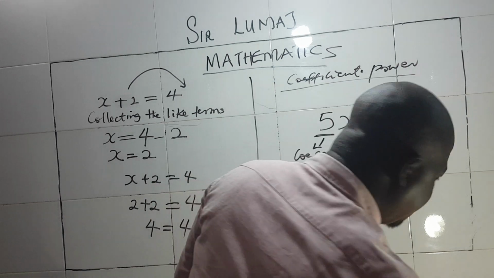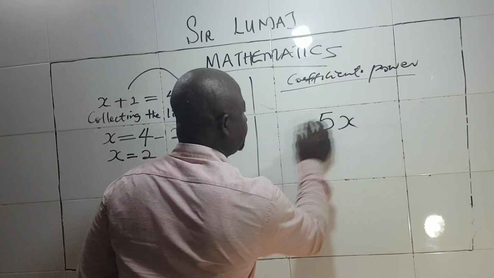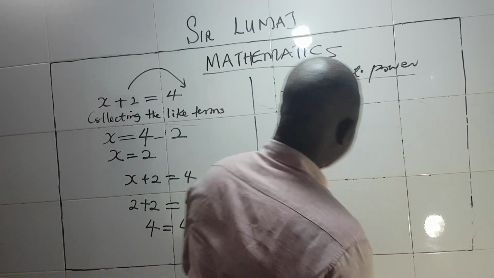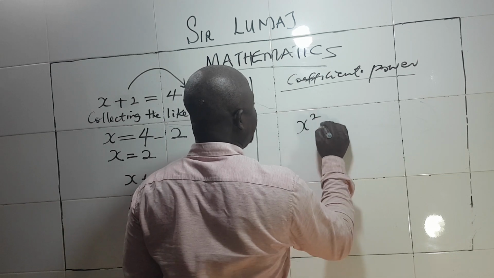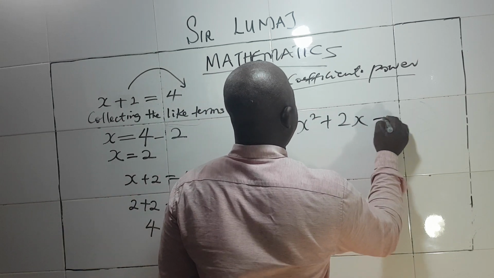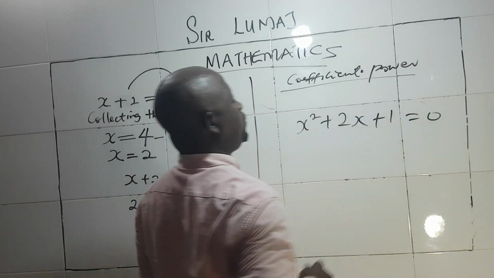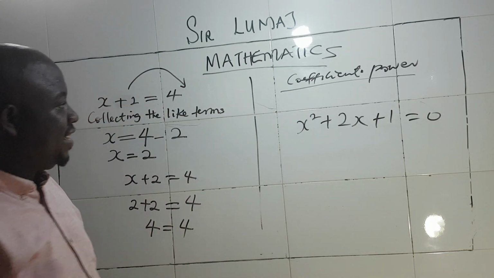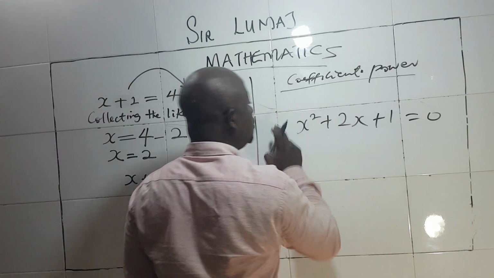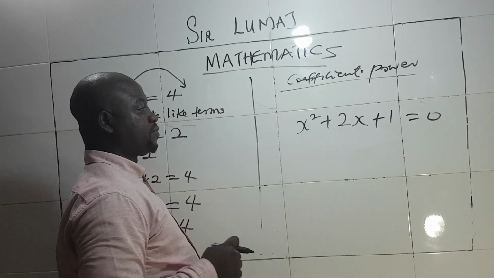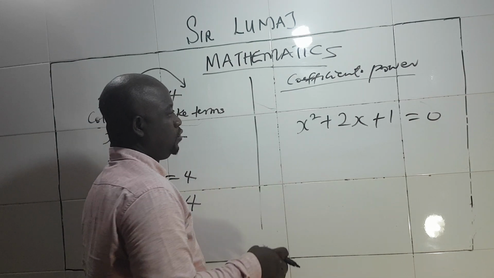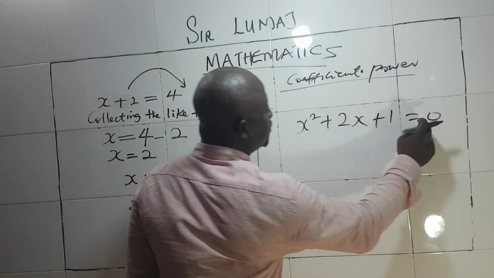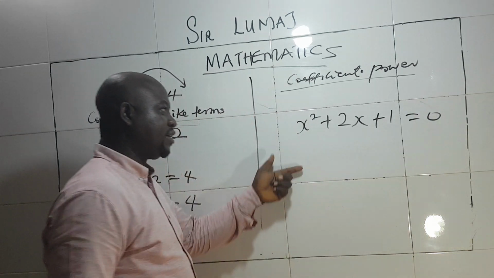Okay, let me give us a quadratic expression. x squared plus 2x plus 1 is equal to 0. What it's saying is that by the time you do all your mathematical calculations and what have you, it must be equal to what? 0. This is a quadratic expression.